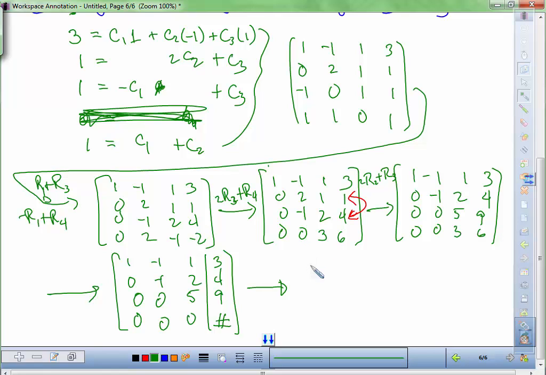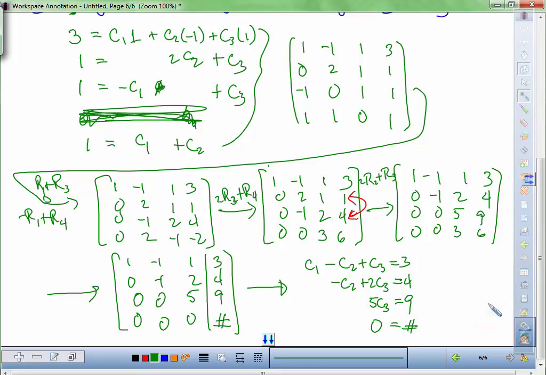So what's our main point here? C1 minus C2 plus C3 is equal to 3. Negative C2 plus 2C3 is equal to 4. 5C3 is equal to 9, and 0 is equal to a number that's not equal to 0. So the fact that we got, what's it called?